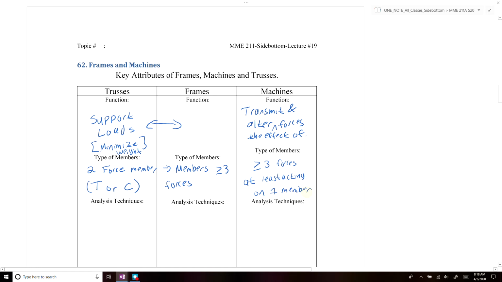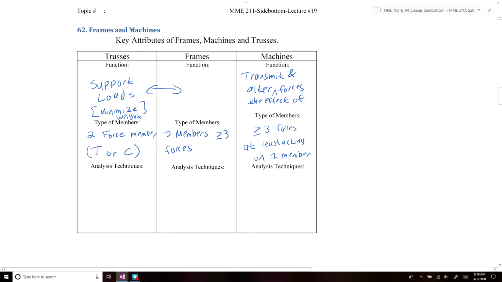All right. So because of these differences, how you analyze these machines will be slightly different. So we've already covered for trusses how you can use the method of joints, and you can use the method of sections to evaluate the forces within each of the truss members.